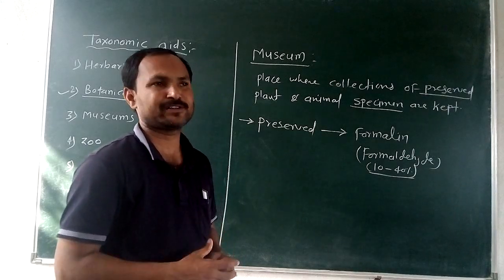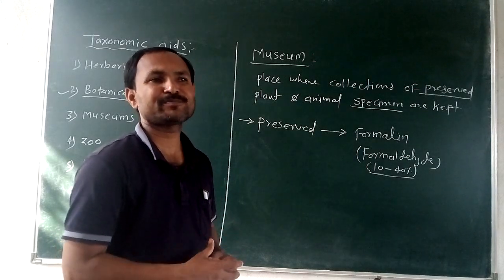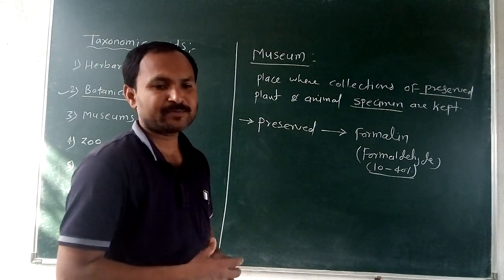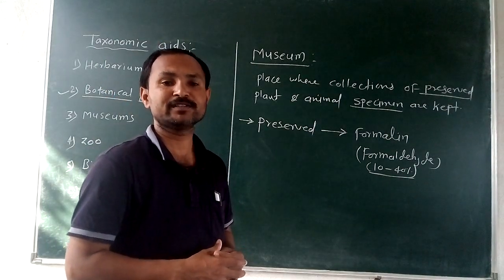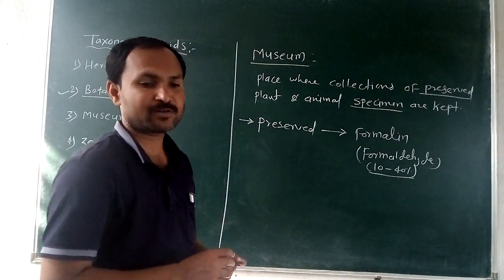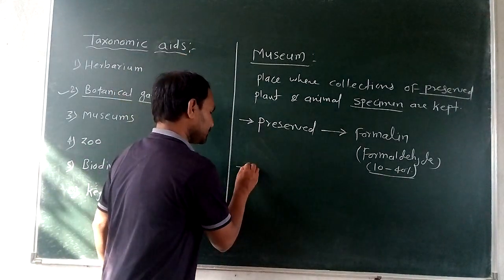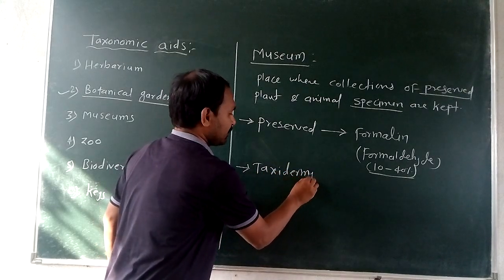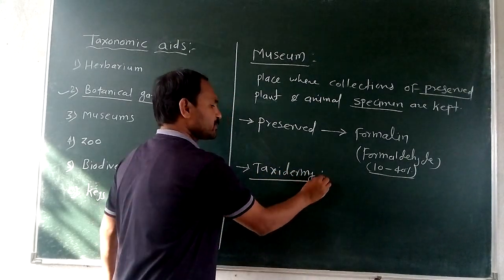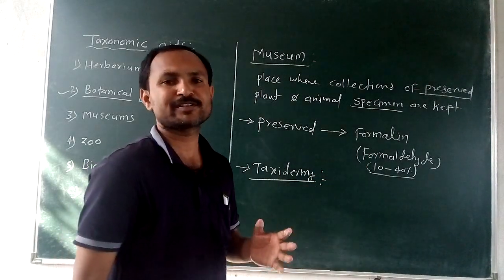Or any mammals, how can we preserve mammals? Mammals or birds can also be preserved by another method, called the taxidermy method. By this method we can preserve large animals like birds and mammals.